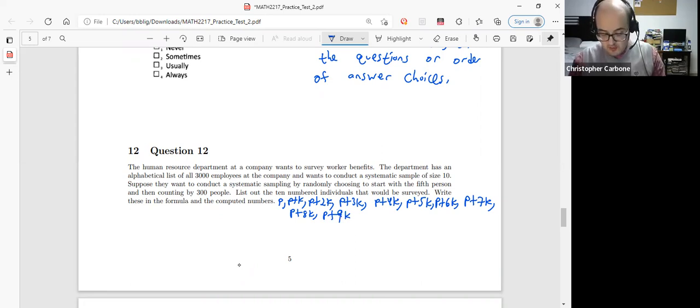Okay, so putting in the numbers, these numbers are 5, 5 plus 300, 5 plus 2 times 300.